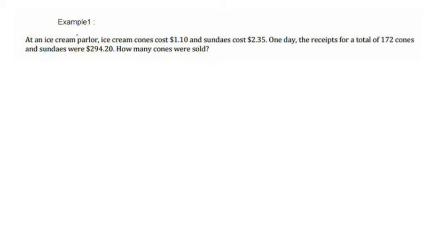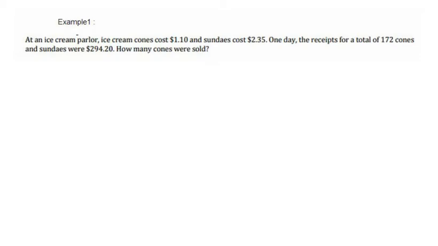Okay, in this first problem, an ice cream parlor sells ice cream cones that cost $1.10 and sundaes that cost $2.35. One day, the receipts for a total of 172 cones and sundaes were $294.20. How many cones were sold? Well, first thing we're going to do is let's go through and underline any important information.